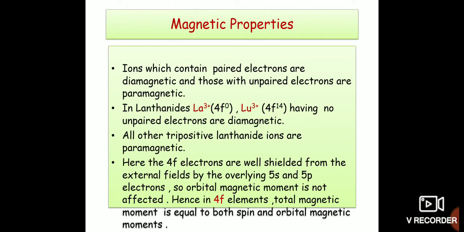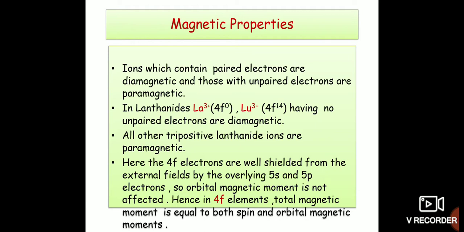In lanthanides, lanthanum 3 plus, that is 4f0, and lutetium 3 plus, 4f14, have no unpaired electrons, so they exhibit diamagnetic behavior, because the 4f is empty in one and completely filled in the other.